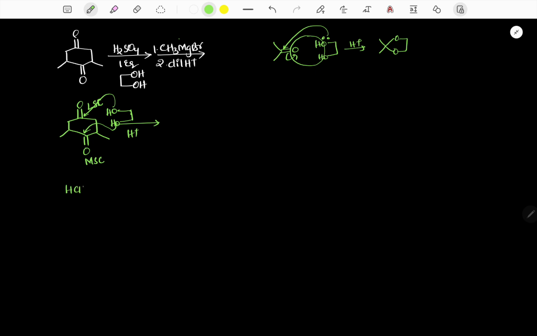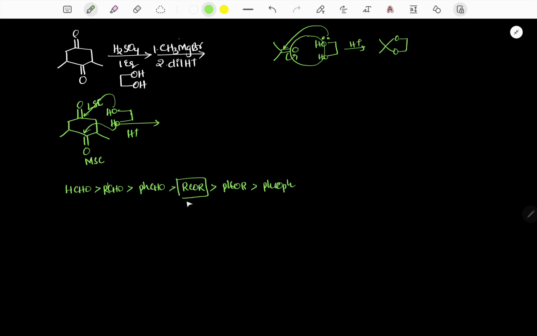We know the basic rate of reaction: formaldehyde is more reactive than RCHO, more reactive than PhCHO, more reactive than RCOR, more reactive than PhCOR, more reactive than PhCOPh. So here both are RCOR.